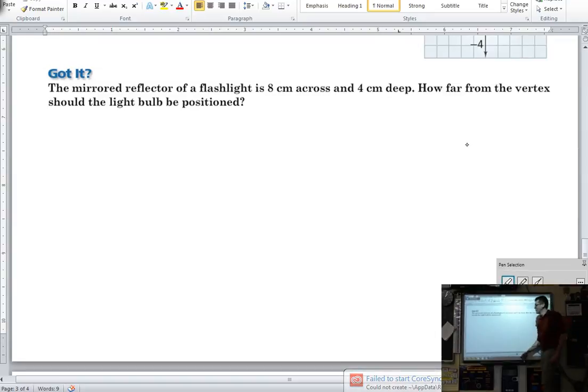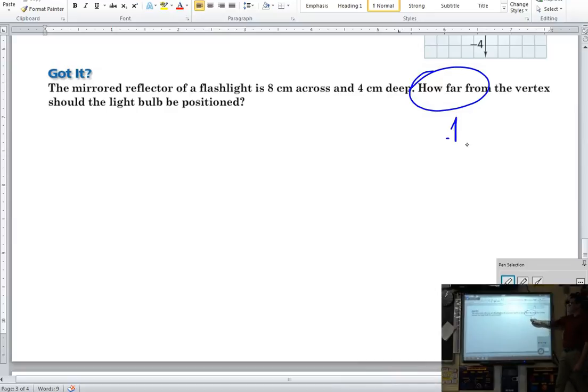Right. So this, if we want to actually answer the how far, we saw that distance was 1 centimeter. Because from the base of the red parabola. Now, so this is an opposite kind of question. This is projecting light outward. Yeah. So a bulb projects light from almost all directions.